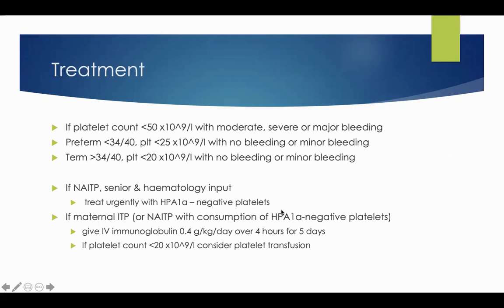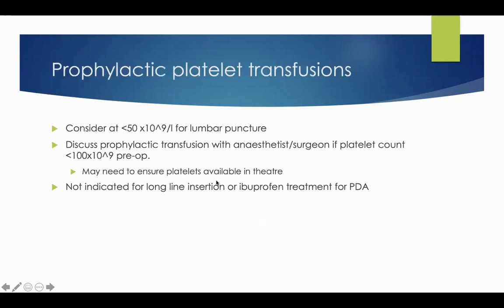And following discussion with senior members of the team and hematology, if there's ongoing consumption of platelets, then IVIG can be considered. It is only when platelet counts are very severely low, at less than 20 in the context of maternal ITP or NAIT, that you would consider platelet transfusion. And all of this is listed in the guidelines, so you can look it up as needed.